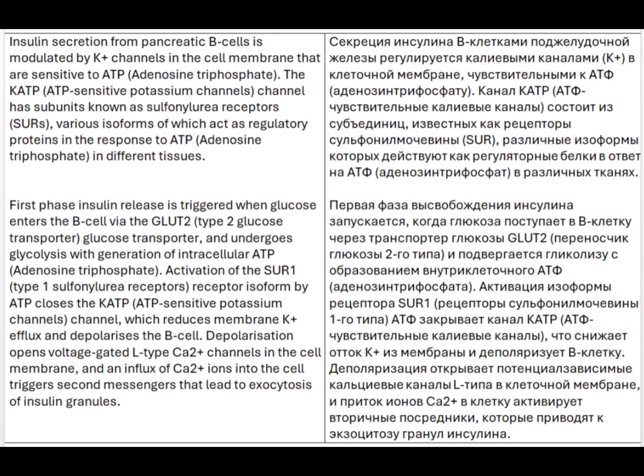Activation of the SUR1, type 1 sulfonylurea receptor isoform by ATP closes the KATP channel, which reduces membrane K+ efflux and depolarizes the B cell. Depolarization opens voltage-gated L-type Ca2+ channels in the cell membrane, and an influx of Ca2+ ions into the cell triggers second messengers that lead to exocytosis of insulin granules.